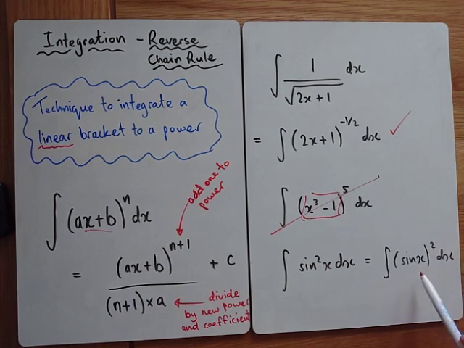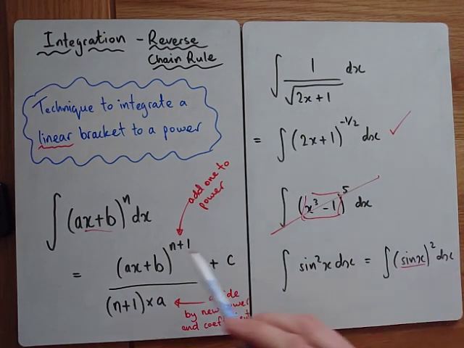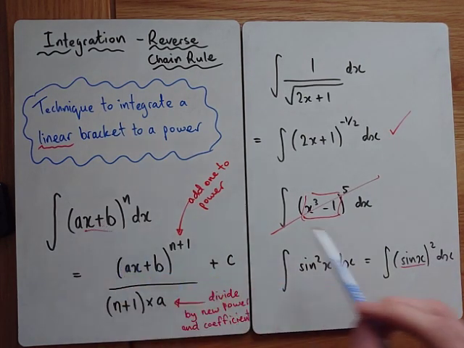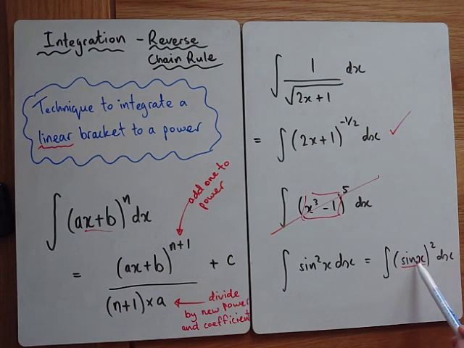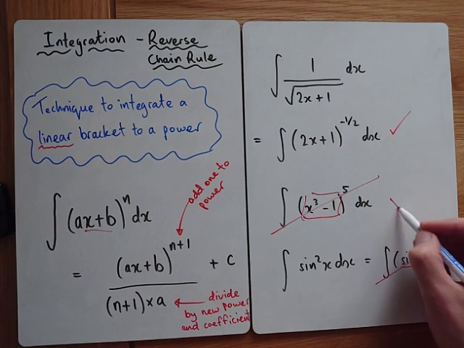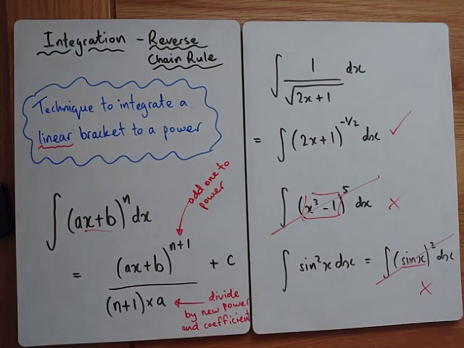That there is not linear. Ax plus b, it is a function that's being squared, but it is not a linear function, so we cannot use the shortcut on these questions, so just be very careful.